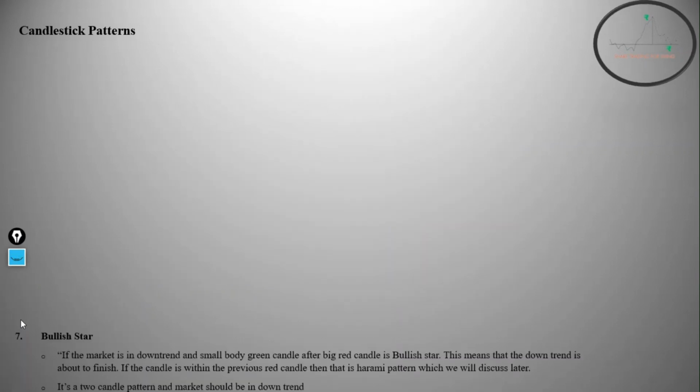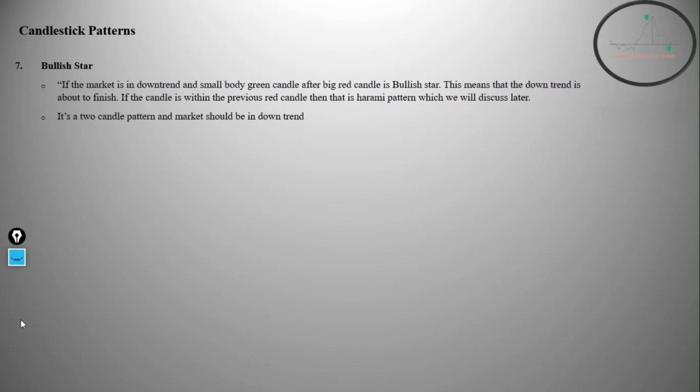The next pattern in our slide is bullish star. So what is bullish star? If the market is in a downtrend, a small body green candle after a big red candle is a bullish star. Here it is a red candle and then the following candle is a green candle. The market has to be in a downtrend.